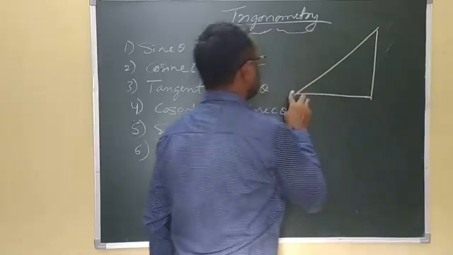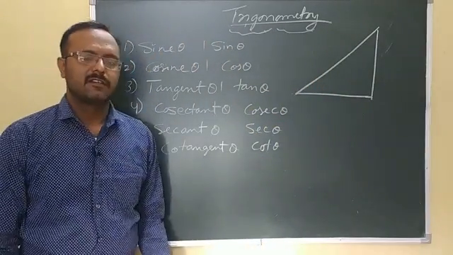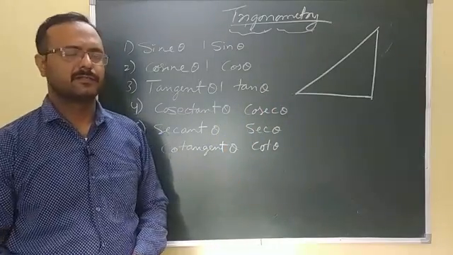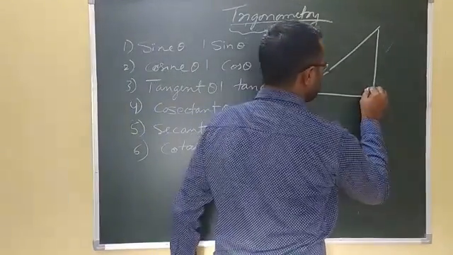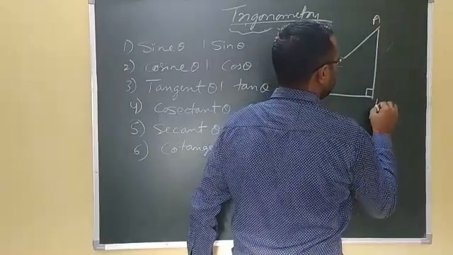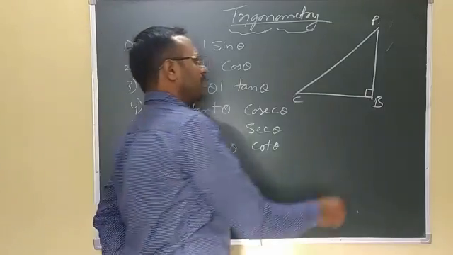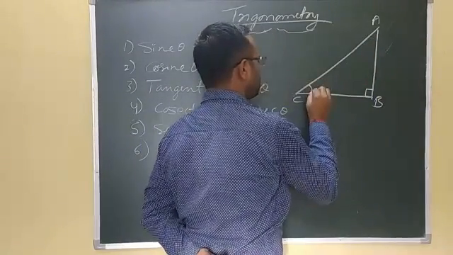First of all, these trigonometric functions, we will deal with the right angle triangle in this chapter. So here is one right angle triangle. Let it be ABC, where angle B is 90 degrees. You have to take any one of these angles as theta.